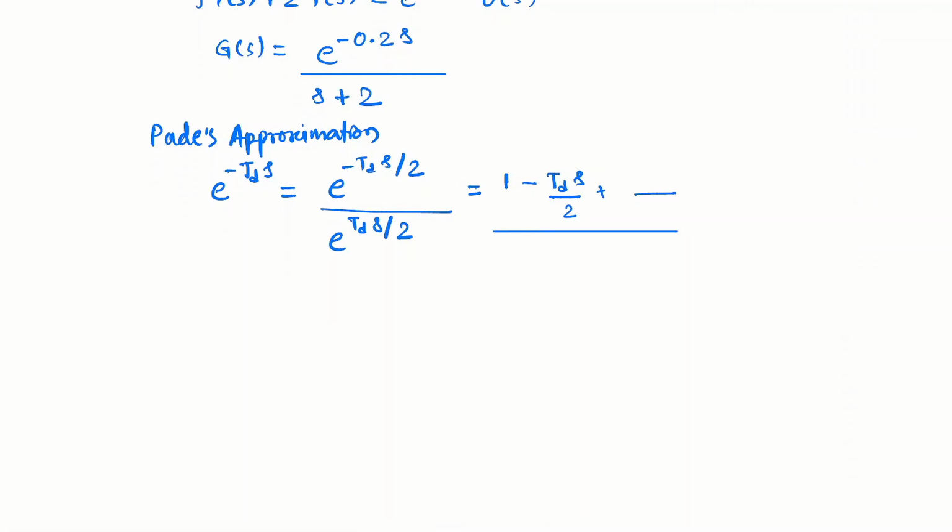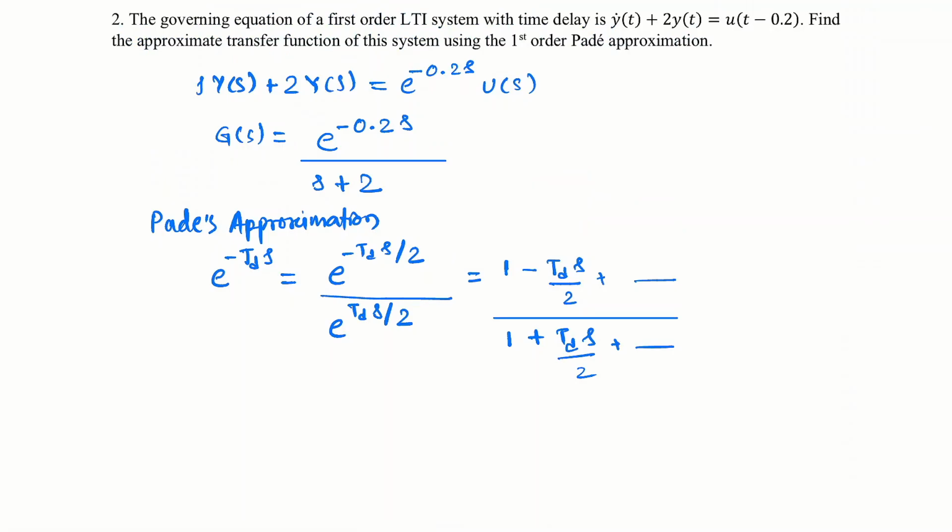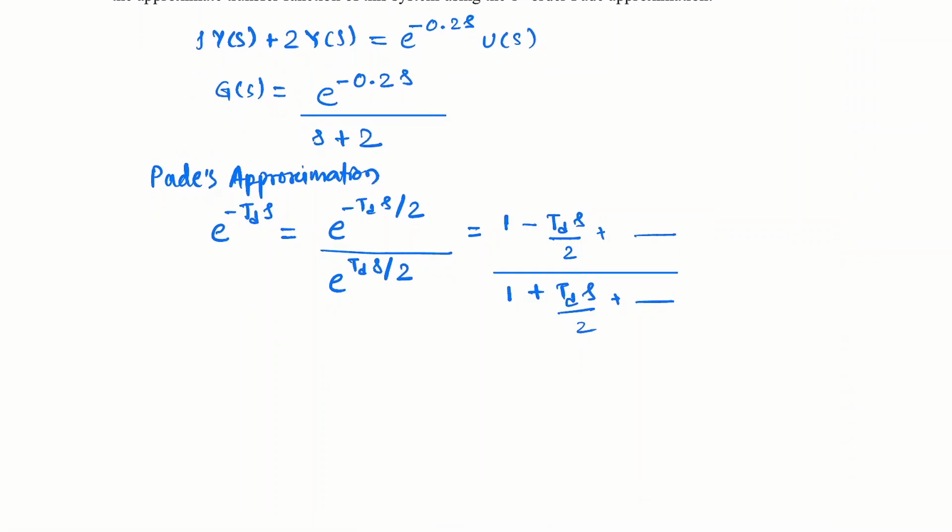So what we are doing is taking the exponential term and creating a fraction with a numerator polynomial and a denominator polynomial. Since we are only interested in first order approximation, this would be approximated as 1 minus td s by 2 over 1 plus td s by 2.